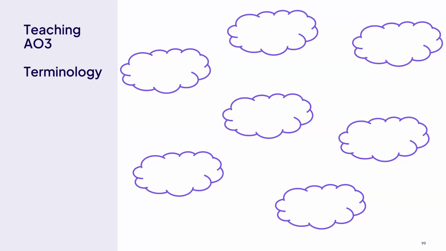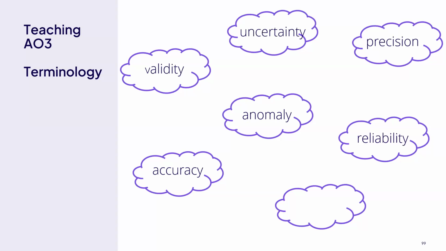Okay, there's another aspect of teaching AO3, which of course is the terminology that's involved, and I've picked out 7 of them here: anomaly, accuracy, precision, validity, reliability, uncertainty, and error. They're just a few.